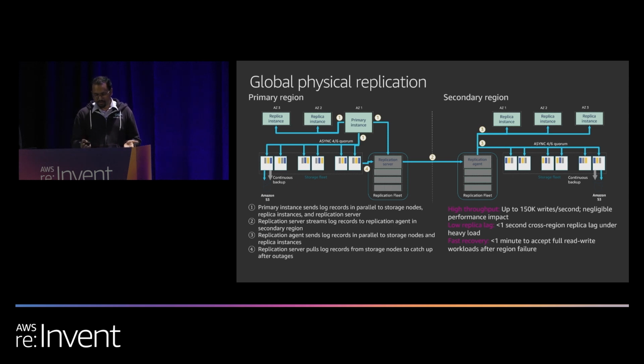So when you have to fail over to a new region, we're able to recover quickly because Aurora recovers quickly regardless of global database or not. And it's a fully managed solution, so you don't have to manage a replication server and a replication agent. That's just hidden from you. All you say is, I want to replicate from this region to this other region. That's right, very good point.